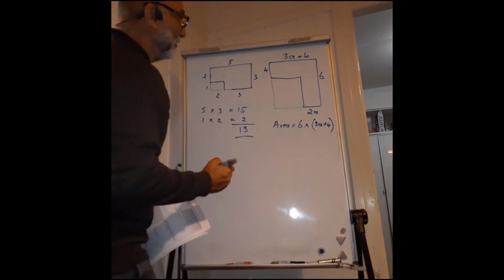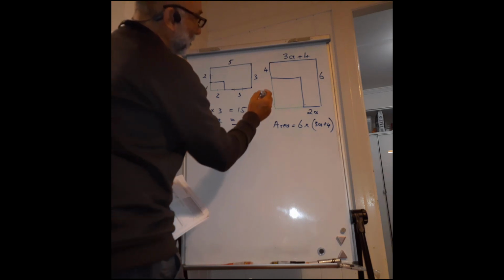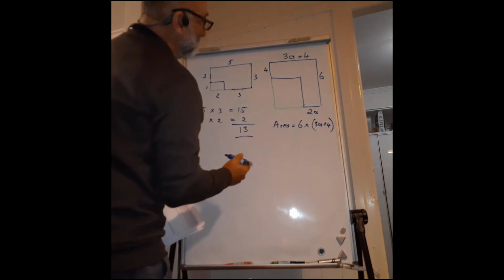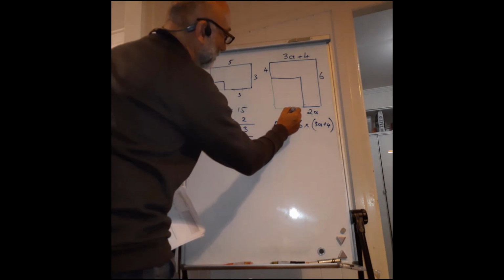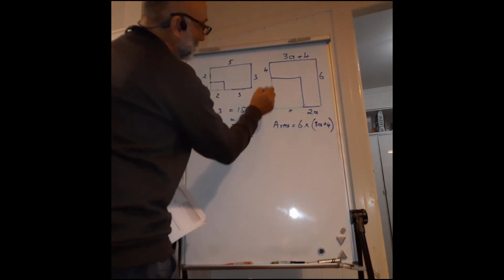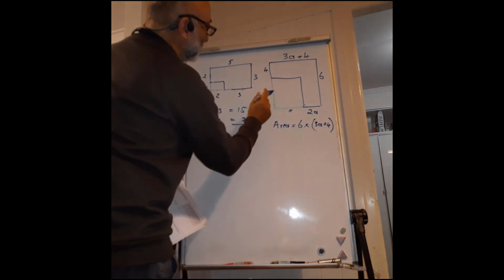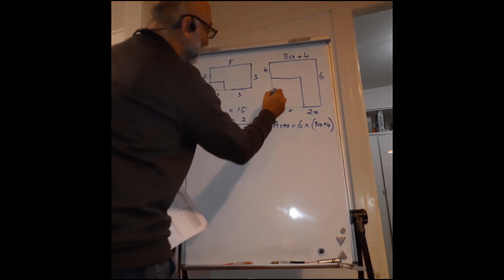Okay, that's the overall area. And the area of this bit here is going to be, let's see now, we need to calculate what this bit here is, and we need to calculate what this bit here is. So this bit here is easy because it's going to be 6 minus 4. So this is going to be 2.